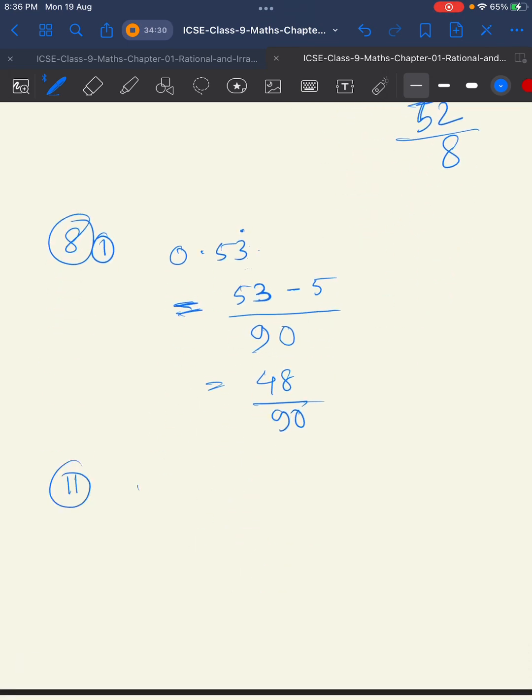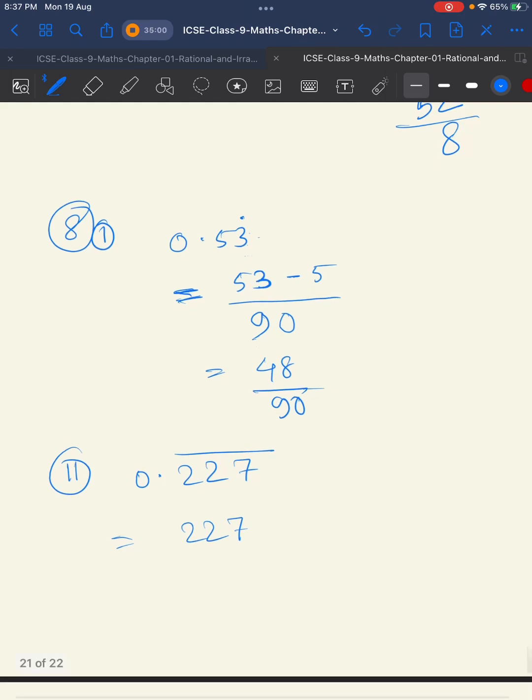Okay, now question number 2, 0.227 bar. So here you see, first we write 227 as the digits. Now there are no digits after the decimal without dot and bar.